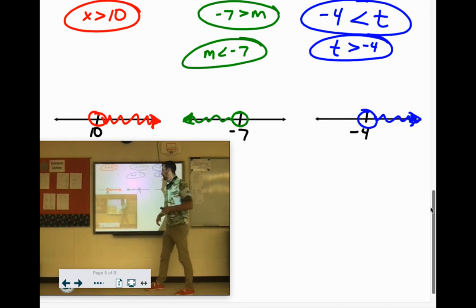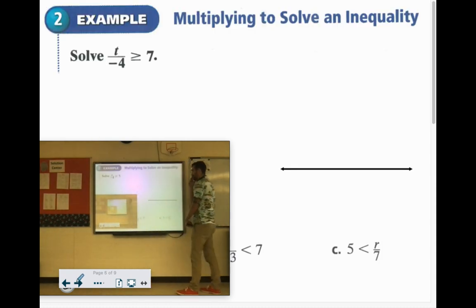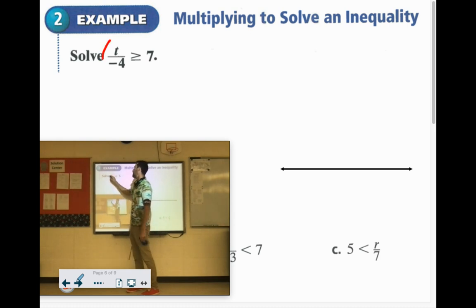So that was when we had to undo multiplication. I'm going to guess we're doing division. t over negative 4 is greater than or equal to 7. So we have to undo division here. With multiplication, we have to multiply by negative 4.